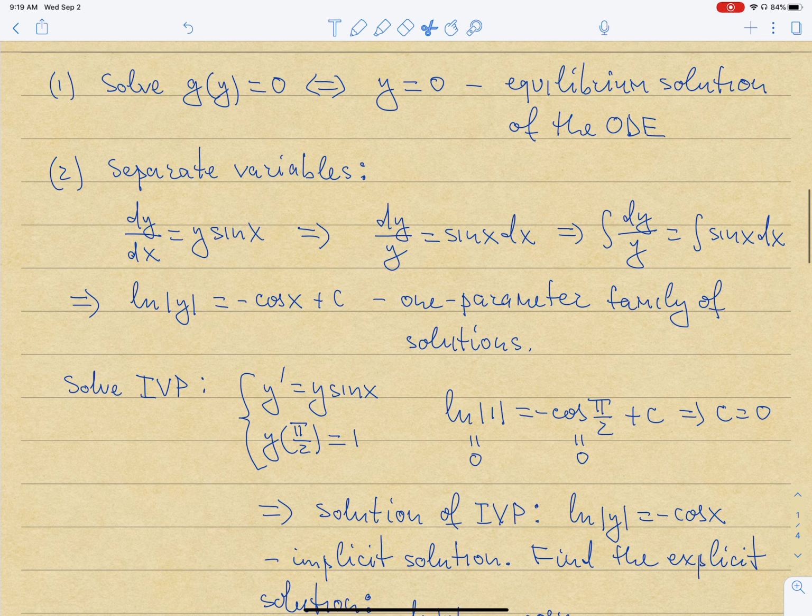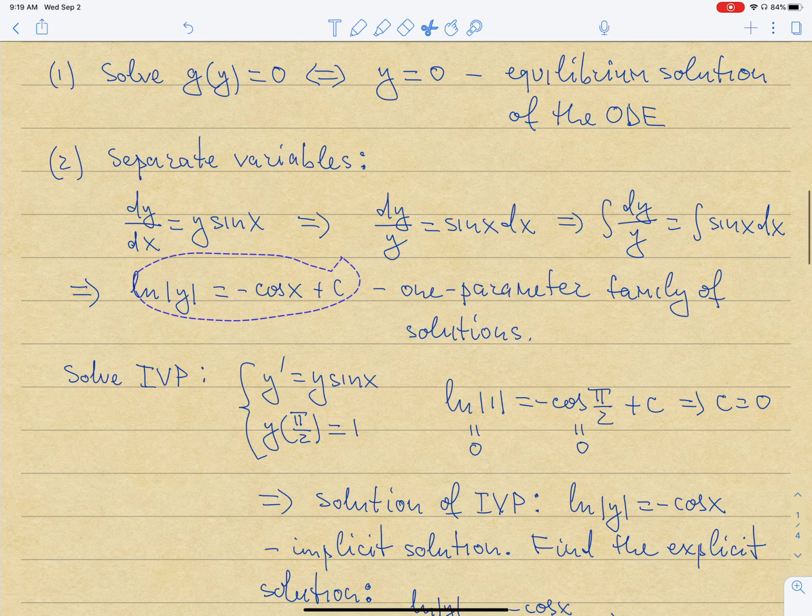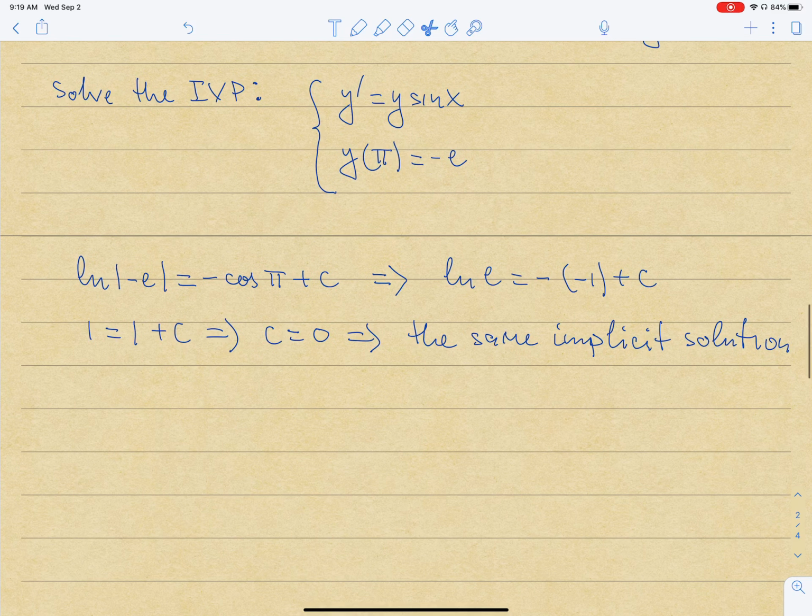Because if I go back here, we just found that c again is equal to 0. So ln of absolute value of y is equal to minus cosine of x, with c being equal to 0.